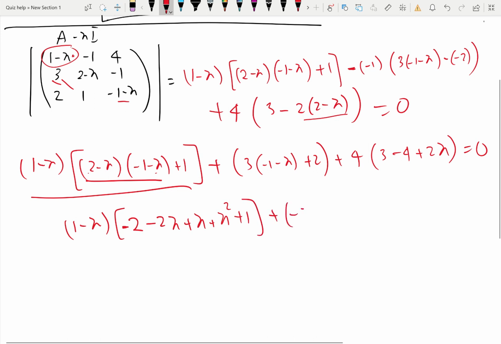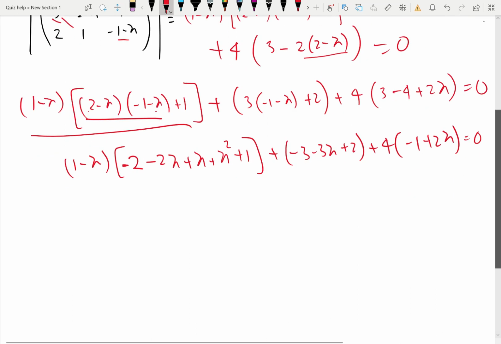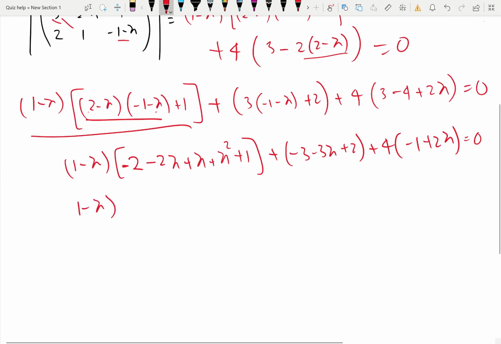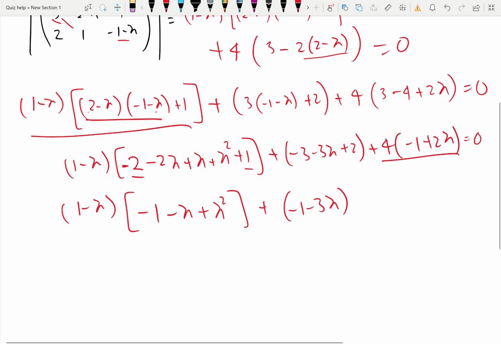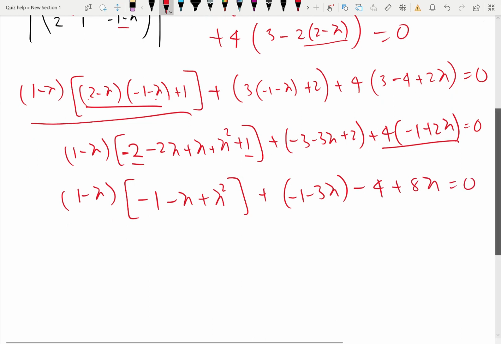Here plus negative 3 minus 3 lambda plus 2, plus 4 times negative 1 plus 2 lambda. I'm just simplifying. Pause it and try to do it, okay? So 1 minus lambda, times negative 1 minus lambda plus lambda squared, plus negative 1 minus 3 lambda, plus, if you expand here, negative 4 plus 8 lambda, is equal to 0.